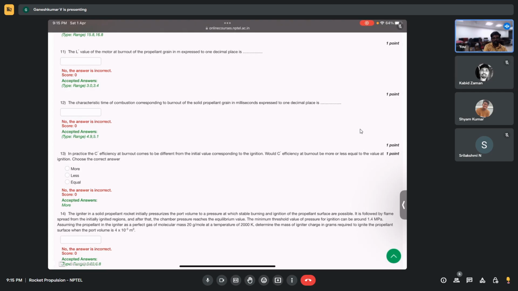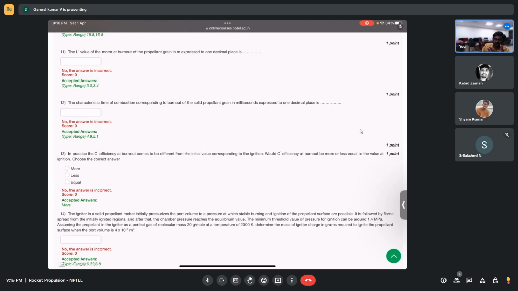Burnout could be the end of the burnout, most probably. But the end of the burnout doesn't make sense because in that region you cannot say whether it is the start or end of the burnout.